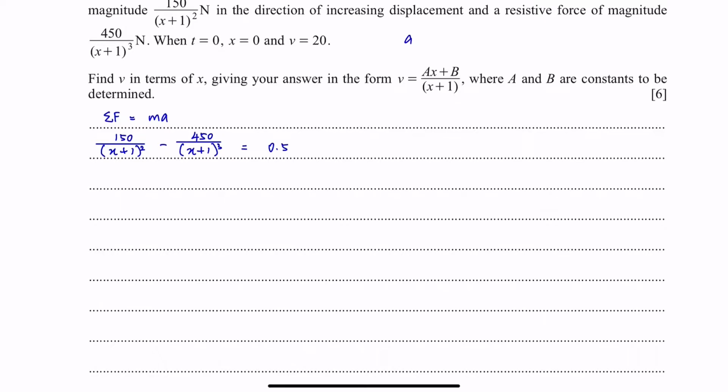We know that a can be written as dv over dt, but it also can be written as v times dv over dx. Since the question wants v in terms of x, we don't need to write it in terms of dv dt. Instead, we can use this form. So 0.5 times v times dv over dx.